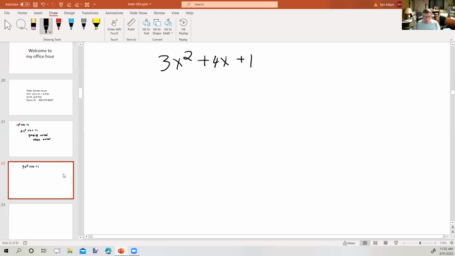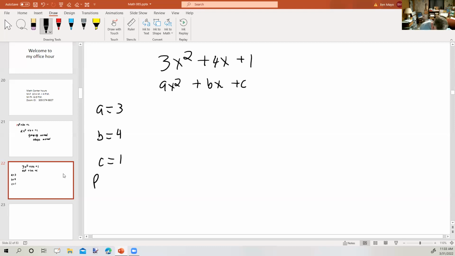There's no greatest common factor, and the leading coefficient is not negative, okay? So we've gone through all of that. So now what we're going to do, we're going to think of this as ax squared plus bx plus c. So a is 3, b is 4, and c is 1, referring to the coefficients of the three terms.